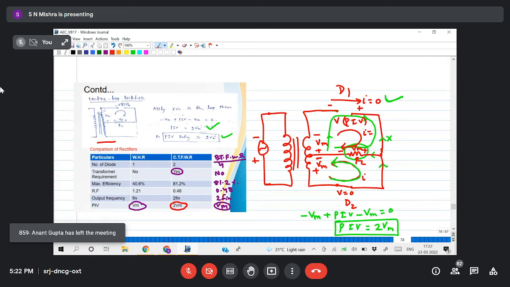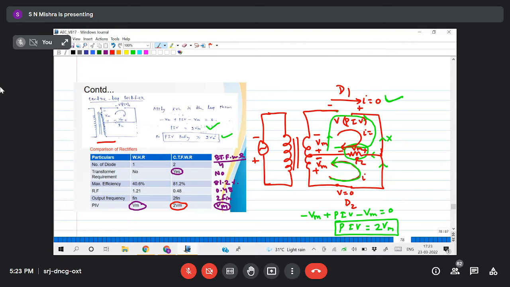So which one is preferable if I consider PIV? Center tap, because even if more reverse bias is given, that means 2 times the maximum voltage, still the circuit will not burn.